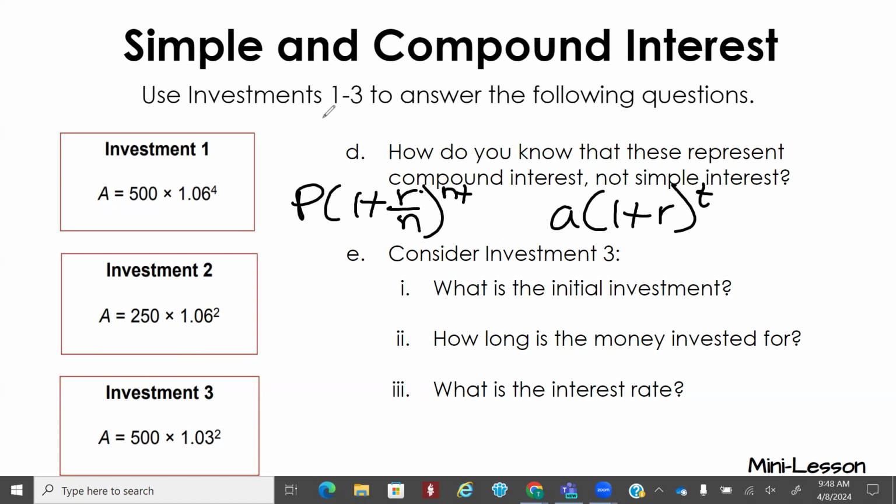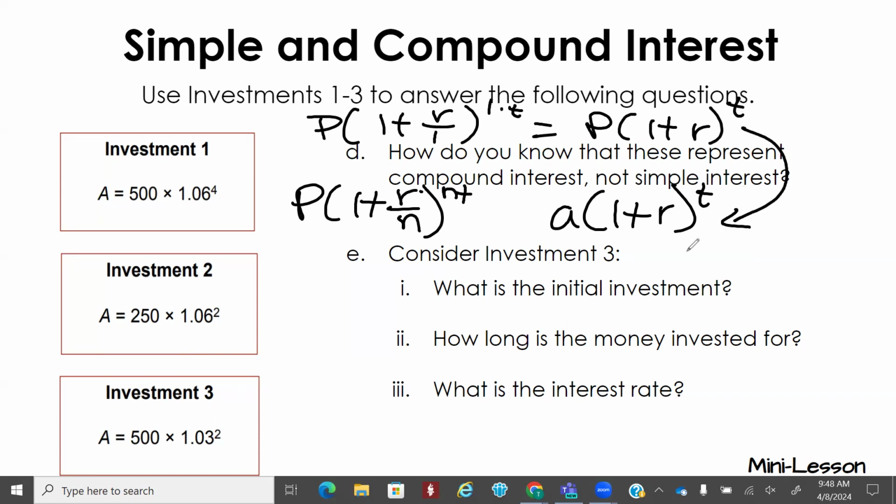Watch this. If I have this formula, but I put a 1 underneath that r, and I put a 1 in that exponent, if I simplified this, it would look like this. What does that look like? Yep. Simple interest is compounded annually. Okay, that's why these look similar. So this is happening annually.